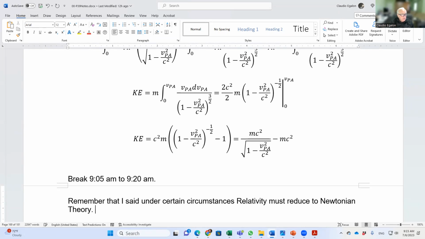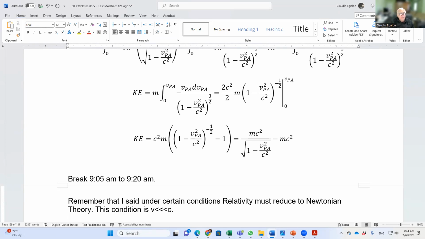And the condition, this condition is v much less than c.